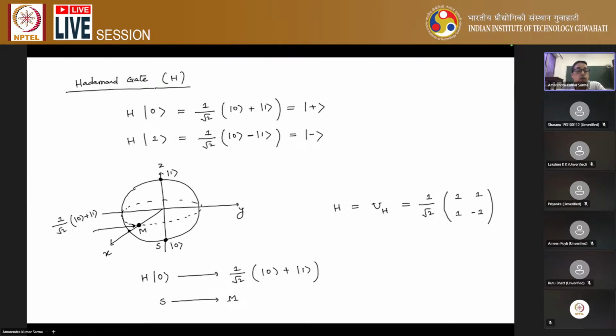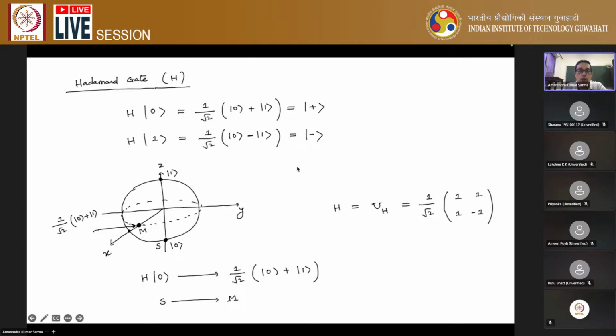But physically speaking, in the laboratory, the technique is that you apply the appropriate Rabi frequency and observe it for the appropriate measurement time. That is one of the techniques by which you can take the state from |0⟩, from the point S to point M and so on. Okay, that's the way. So the Hadamard gate is very useful. It's a single qubit gate.